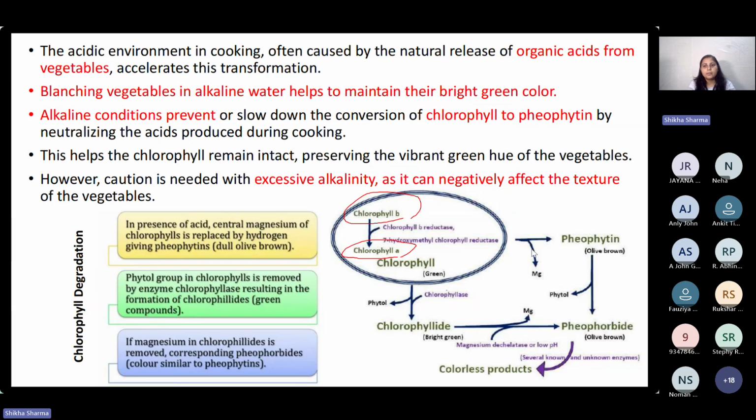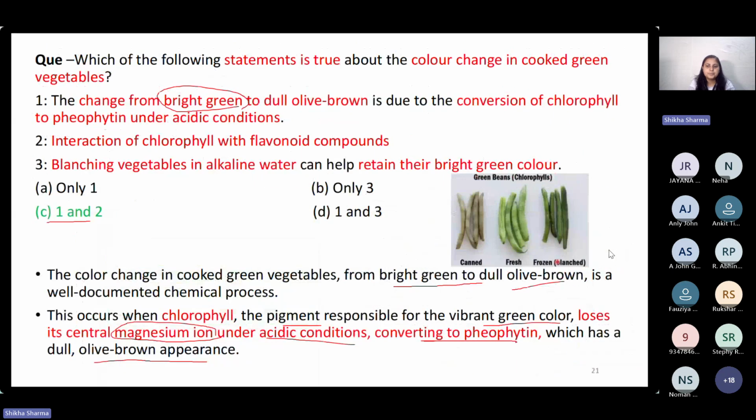But if magnesium is removed from the structure of chlorophyll under acidic conditions, we get the compound known as pheophytin, which is olive brown in color. Because of this, the color of the chlorophyll degrades.